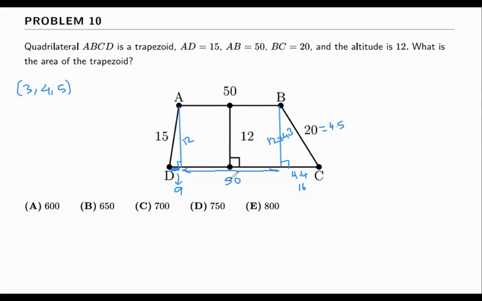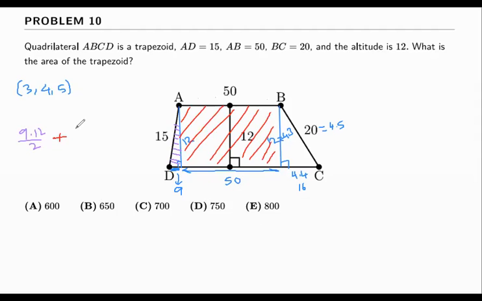So the rest is just finding the area, and you can do this in 2 ways. First, you may find the area of the right triangle right here, which is this leg times this leg over 2, and then add the area of the rectangle.